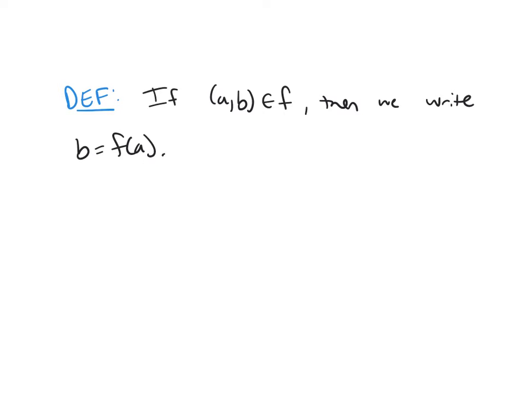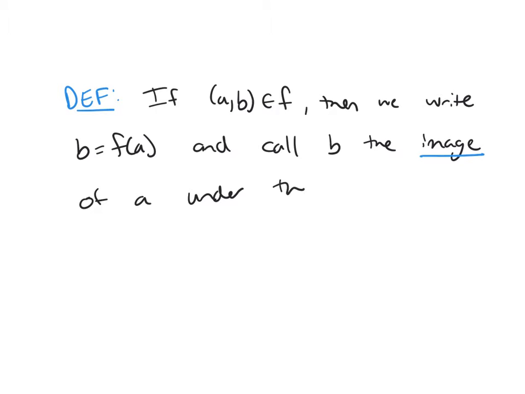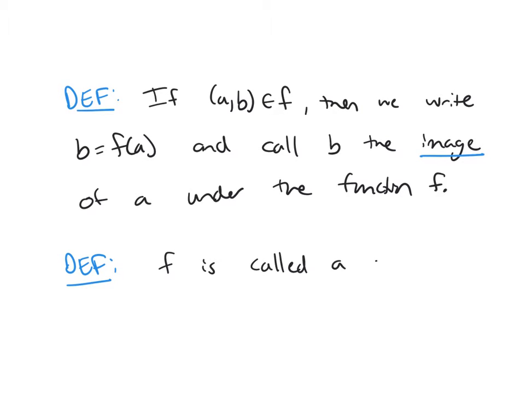So you can write function notation here. And we call B the image of A under the function F. And we also use the term mapping for F. F is called a mapping.